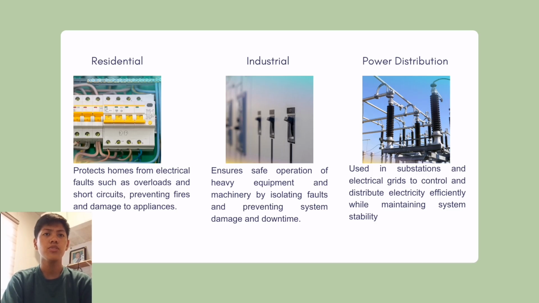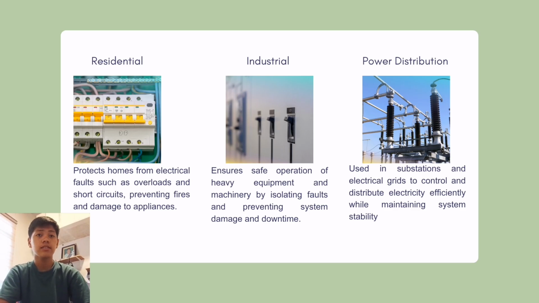They ensure that in case of faults like overload or short circuit, the power supply is immediately disconnected to prevent equipment damage and workplace hazards. These applications are essential for maintaining safe operations, minimizing downtime, and ensuring continuous production in industrial facilities.